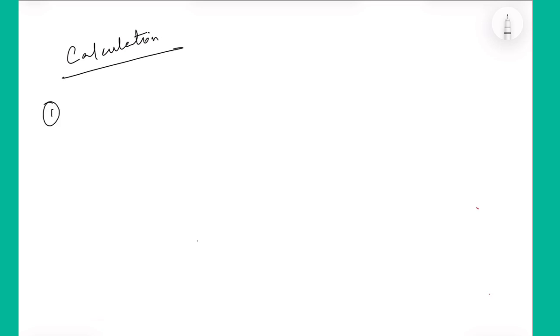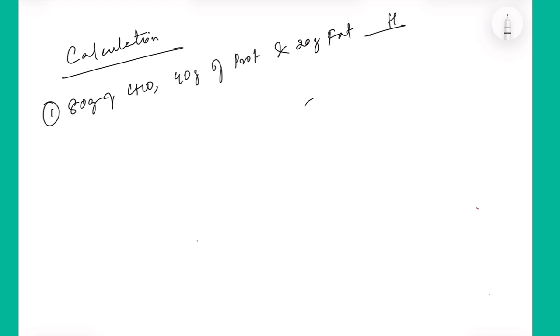So the first question is 80 grams of carbs, 40 grams of protein, and 20 grams of fat. If a question comes on how many calories are in a food, then you need to calculate. How? 80 into 4, 40 into 4, 20 into 9. Correct?